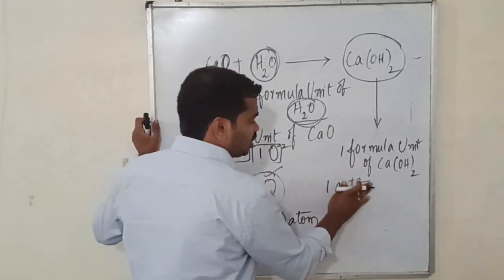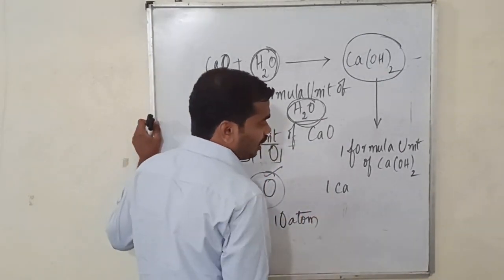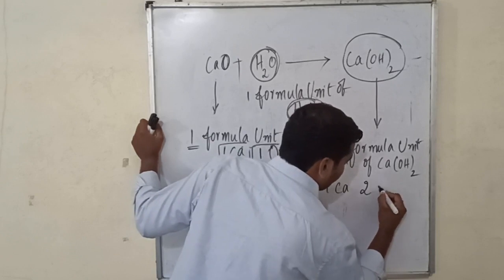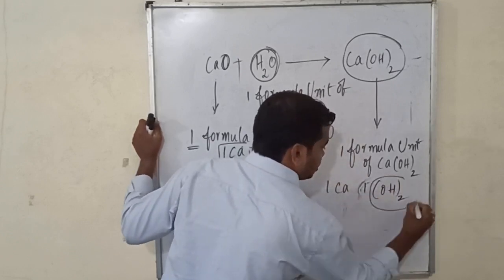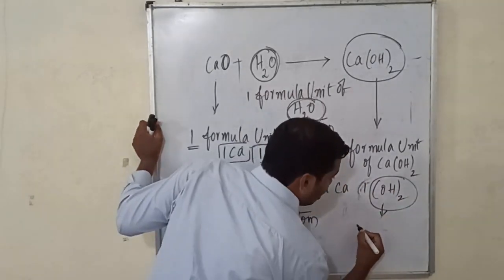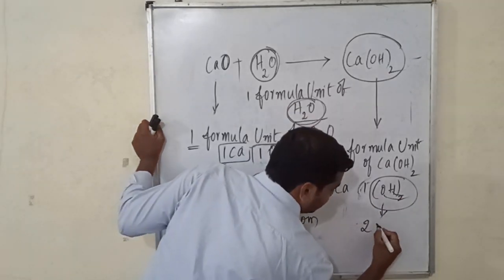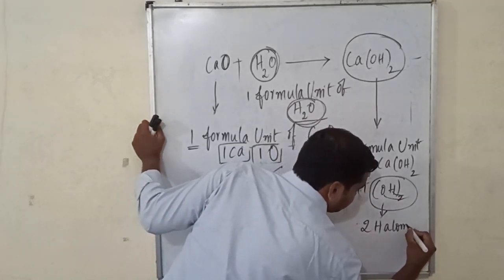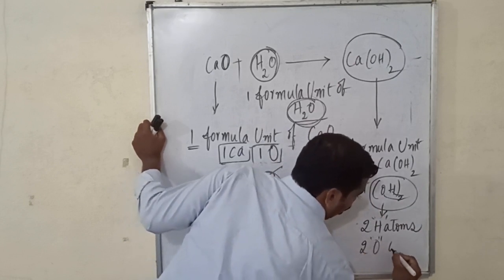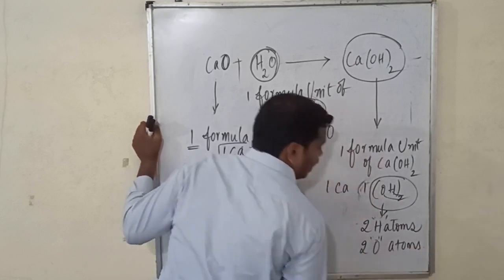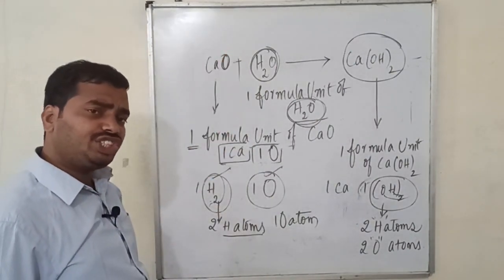So one calcium ion, instead of writing that I am directly writing atoms: one calcium atom and one OH taken twice, right? That says that in one OH taken twice, two oxygens, two hydrogen atoms are present.